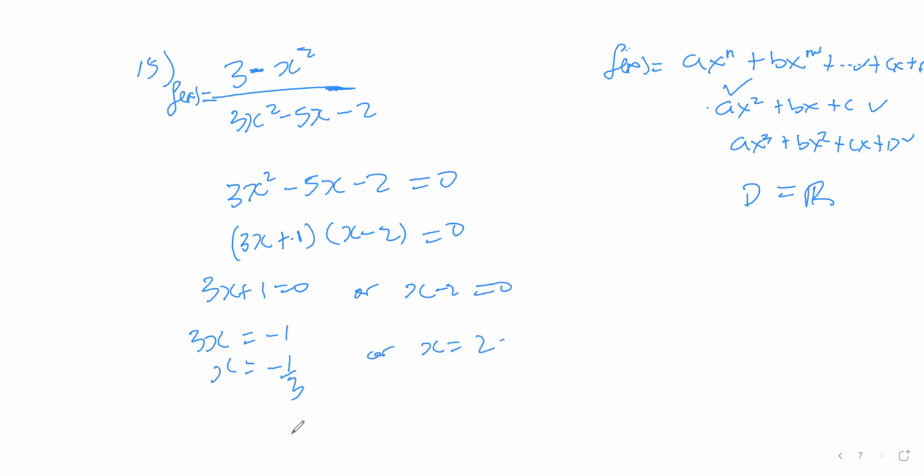So our domain will be the set of all x in real numbers, but x is not negative 1/3 and x is not 2. Because whenever x takes any of these values, the denominator will be equal to 0, which is not what we want. So that's the domain of that function.